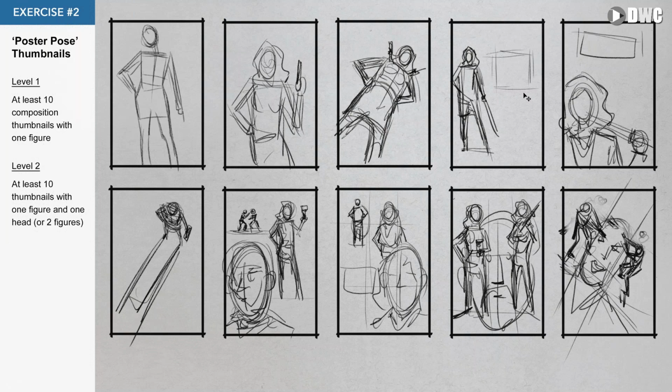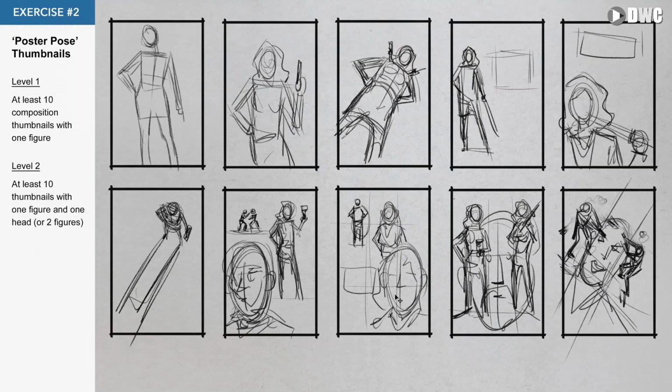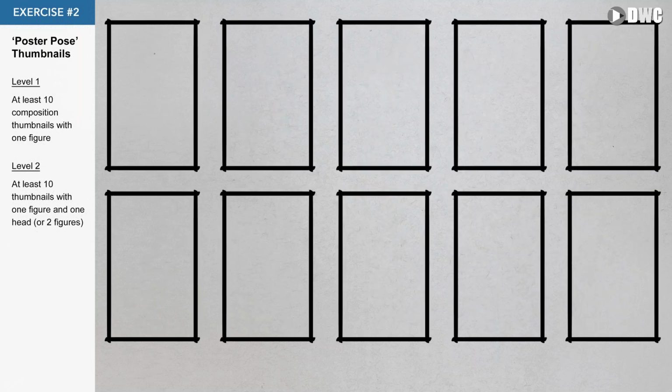So we're going to do some compositional sketches, play around with this. We're going to start with just playing with one figure. And then we'll play with one figure and a head or two figures. And I'll explain more as I go along. And here is just a quick example. You can see just very loose, very rough. Okay, so I'm just going to sketch a figure. Doesn't have to be perfect.